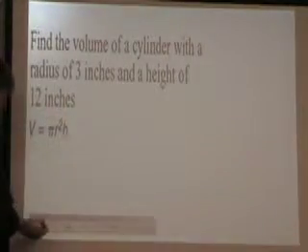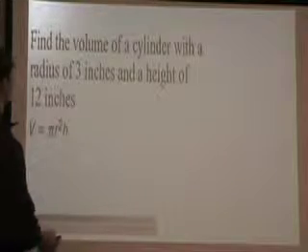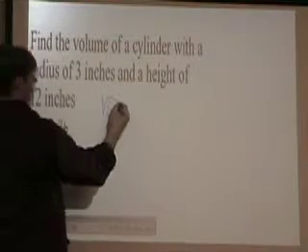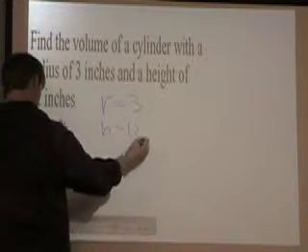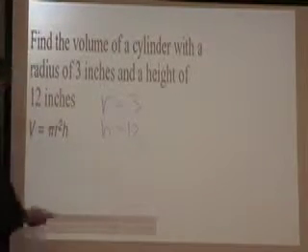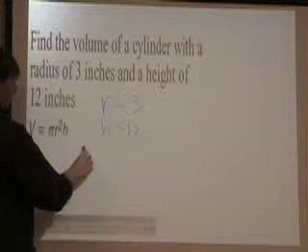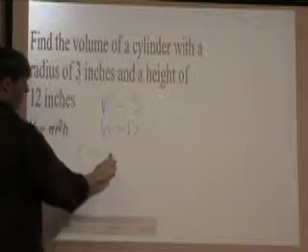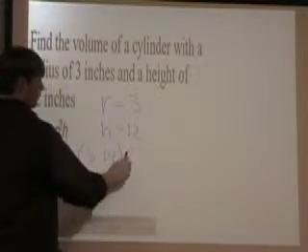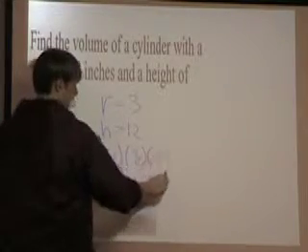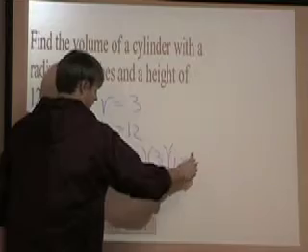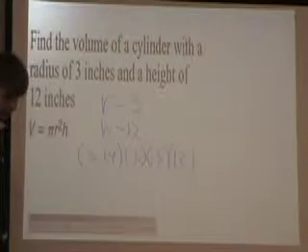Okay, so let's try this one. On this one it tells us the radius equals 3 and the height equals 12. Okay, so let's plug in what we know. Pi is 3.14. The radius is what? So we do 3 times 3 and the height is 12. So when you put this in your calculator, what do you get?